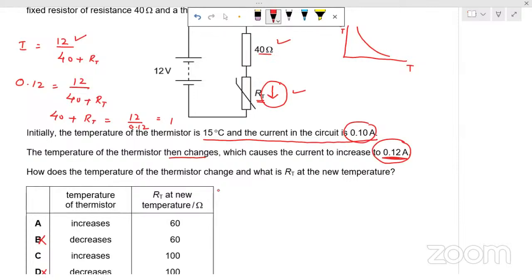So what should be the resistance at the new temperature? That is 12 divided by 0.12, which is 100. So RT will be equal to 60. So that's why A is correct.